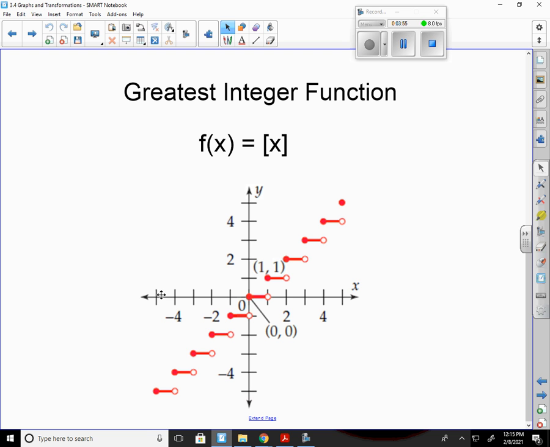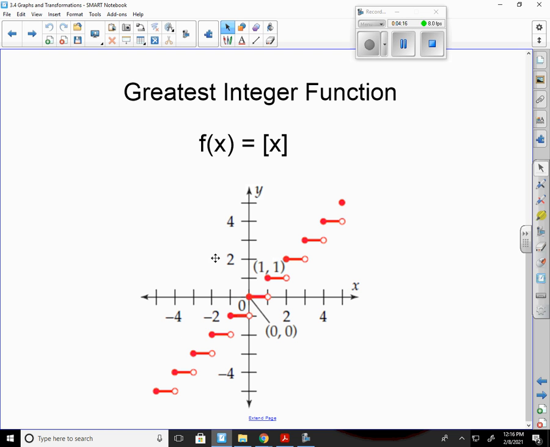So if I had -4.5, the greatest integer that's less than -4.5 is -5. So that's why my line is at -5 for each one of those. For -3.2, the greatest integer that's less than -3.2 would be -4.